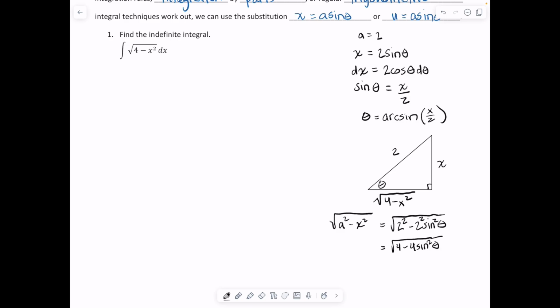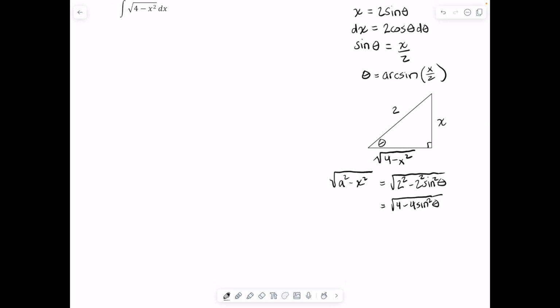You may have memorized that this is going to end up being 2 cosine theta. If you did, that's fine. Factoring out the 4, we'll be left with 1 minus sine squared theta. And then we'll get 2 times root cosine squared theta, which is 2 cosine theta. All right, good to go?